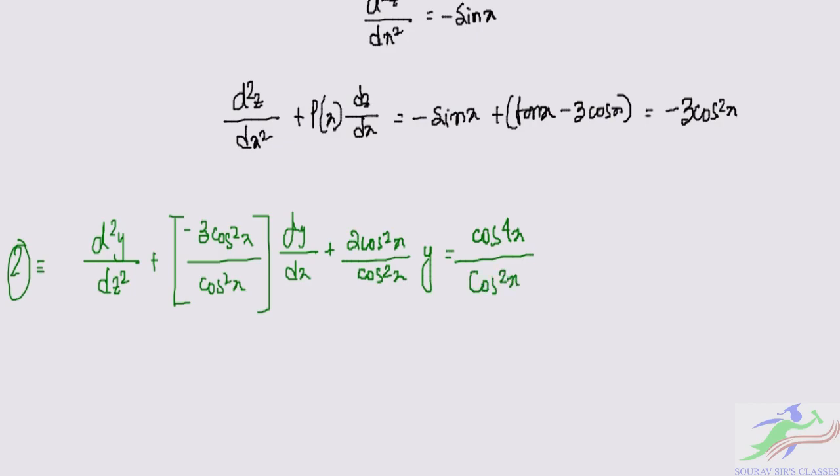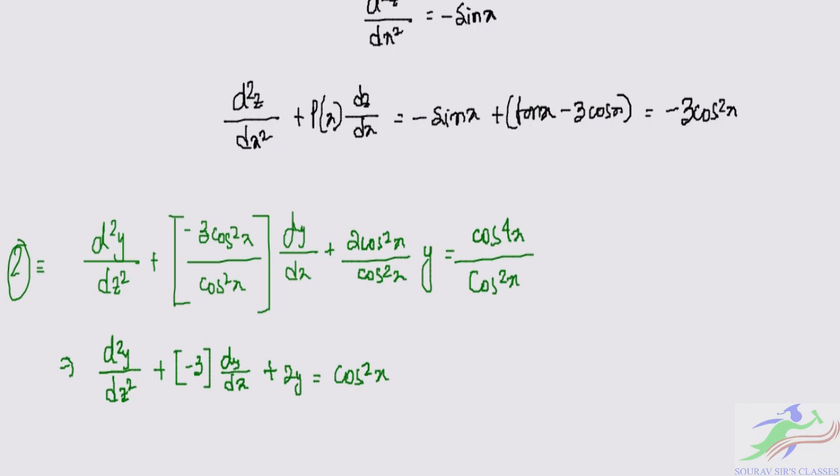So we can write d2y/dz2 plus, since cos square will cancel out, minus 3 dy/dz plus 2y equal to cos square x.